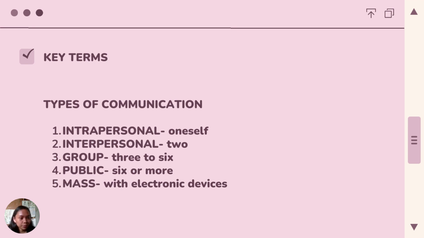And then group communication, there are 3 to 6 people involved. And then public, there are more than 6 people. So there are many audience. And then mass with electronic devices. So it also involves many people, but with the use of electronic devices. So I guess you get our lesson for today. And I know you understand it well.